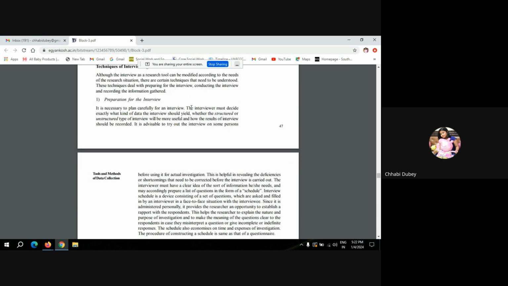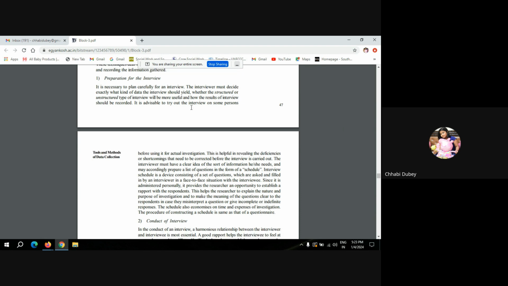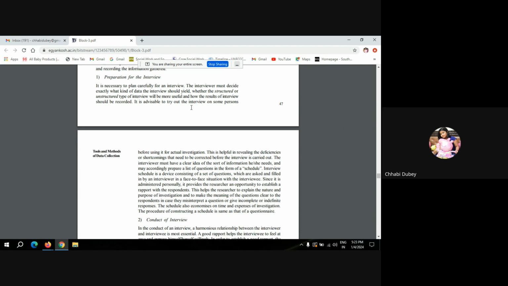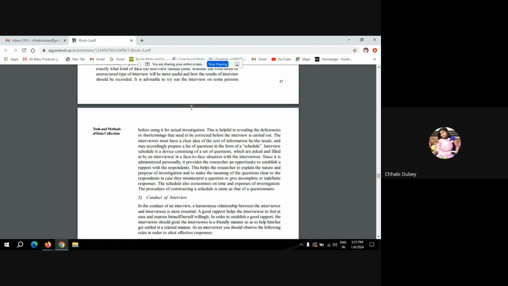Here we will make the necessary planning, whether we are going for a structured or an unstructured interview. If we are going for a structured interview, then we have to carefully frame the questions before we actually go for the interview. So that procedure has to be completed in the first part.